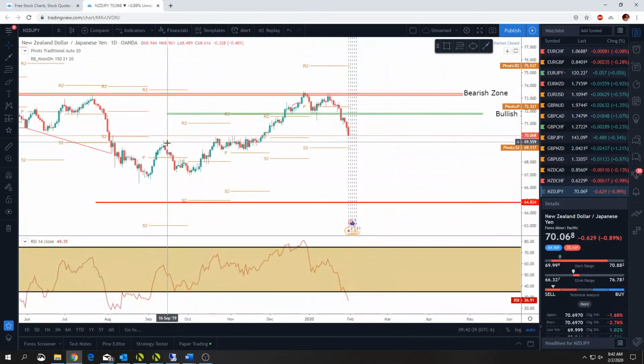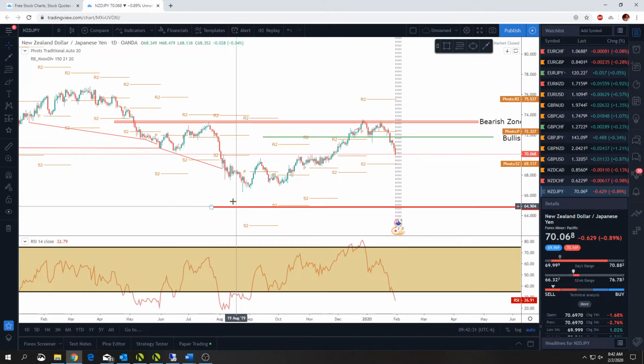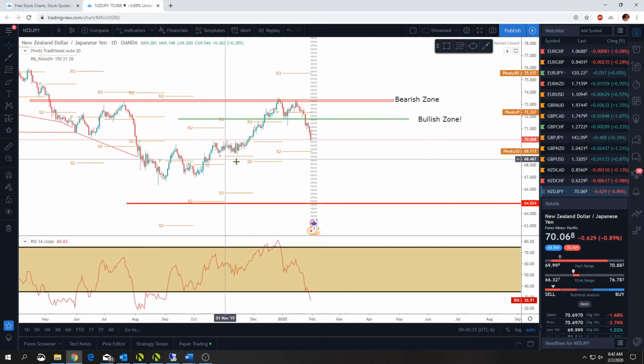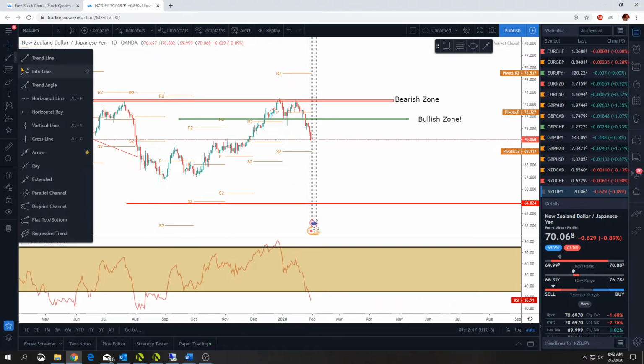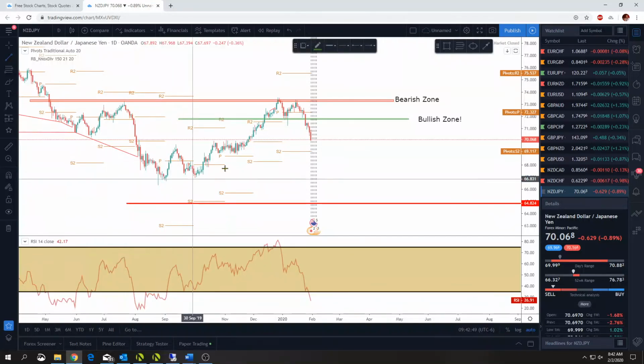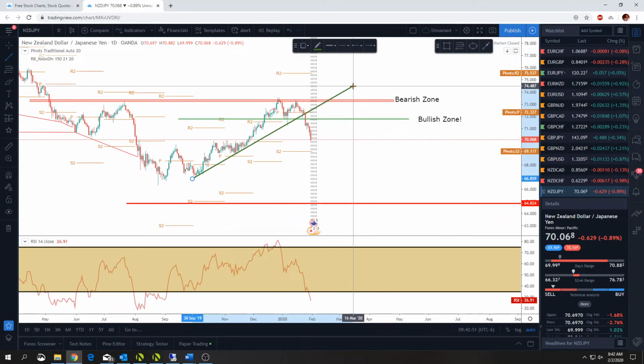NZD, JPY. All right. We've already said we think JPY is going to get stronger, and NZD got weaker, so that's this move, right? We had this double top, bam, perfect place to sell. Then we had a break of this low, so we're looking at a situation where it's a reversal of this trend, right?